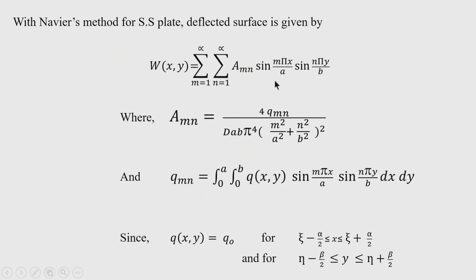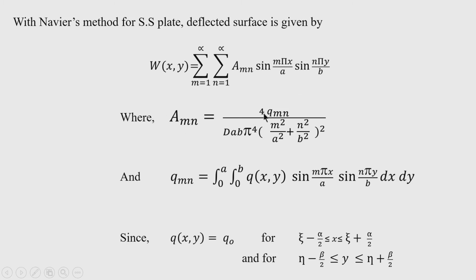Now, here Navier's method has been taken again to find the exact solution, and W(x,y) equals Amn sin m pi x by a sin n pi y by b. This is the deflected surface equation.